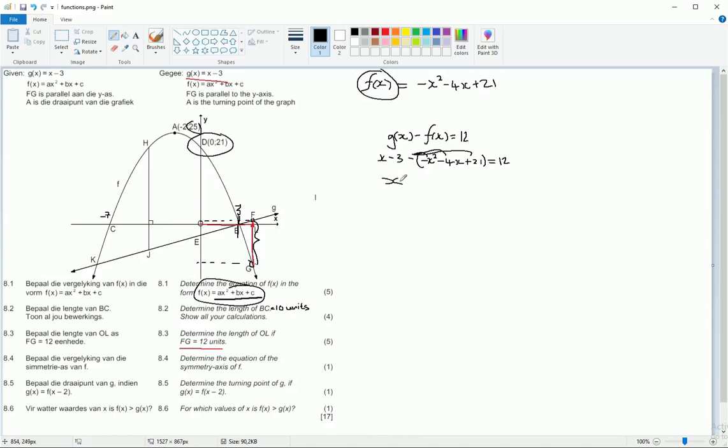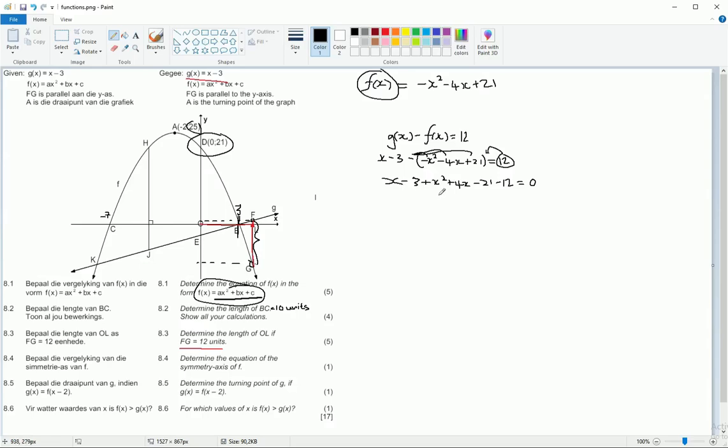So this is x minus 3 plus x squared plus 4x and minus 21. And let's bring this over, so that is going to give us minus 12. All of this equates to 0.